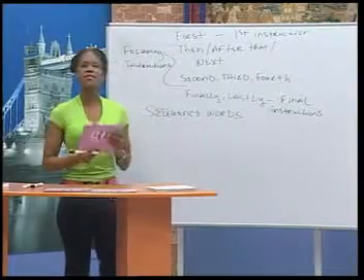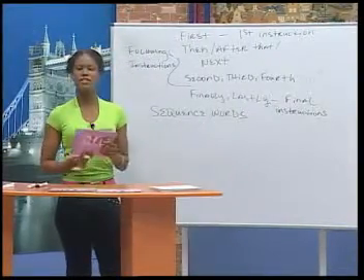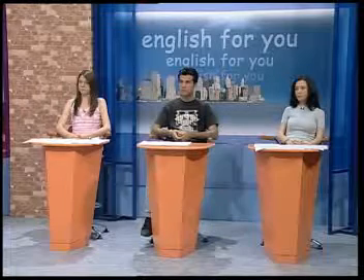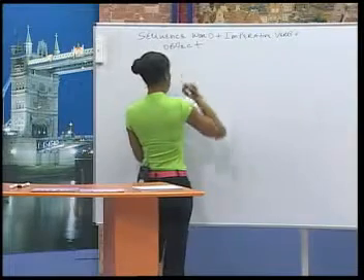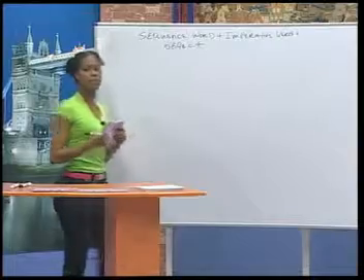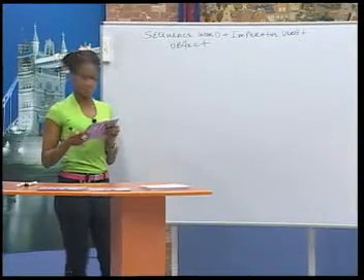So this is the structure of a sentence for instructions. We can use a sequence word plus an imperative verb plus an object. So we usually use a sequence word at the beginning of the sentence.